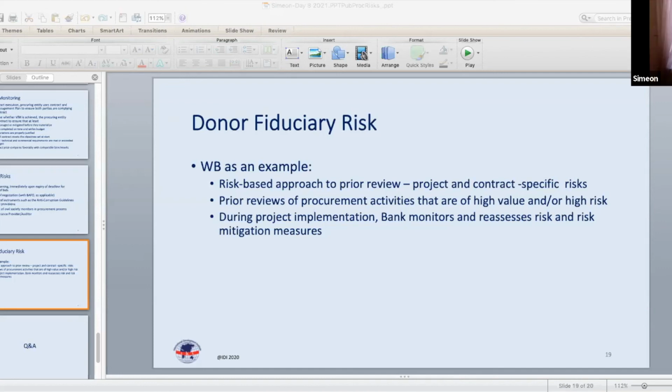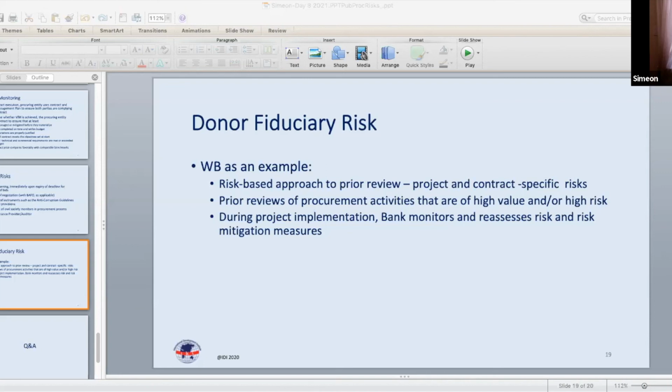I know the World Bank has systems that they apply for the activity of risk assessment of projects as part of the project preparation, identification and preparation process.